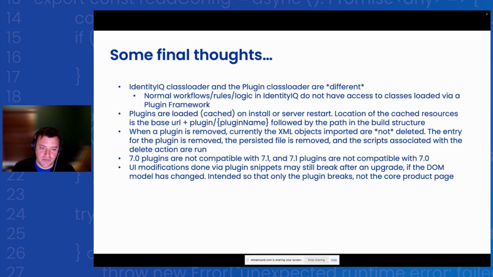The problem with that is if we look back at that snippet and that JavaScript, it's very dependent on the main object model of the web page, right? You're looking through elements, you're trying to find certain places to inject your new look and feel. SailPoint doesn't really guarantee that the domain object model won't change through the course of releases.